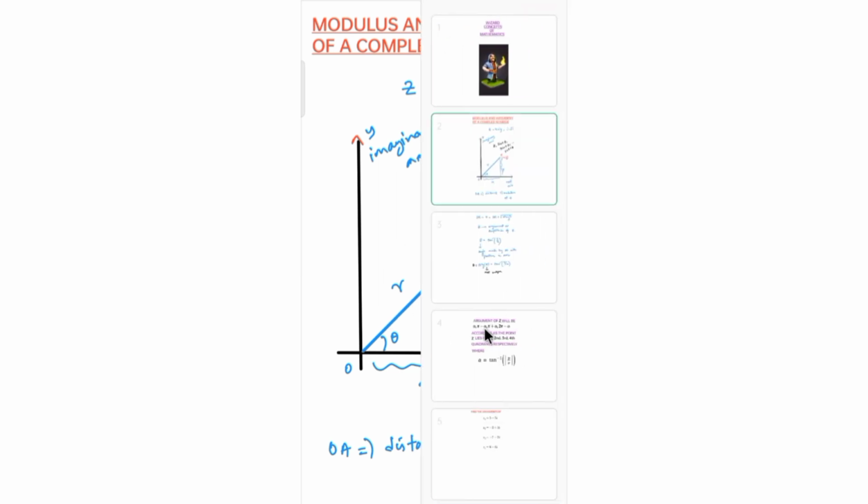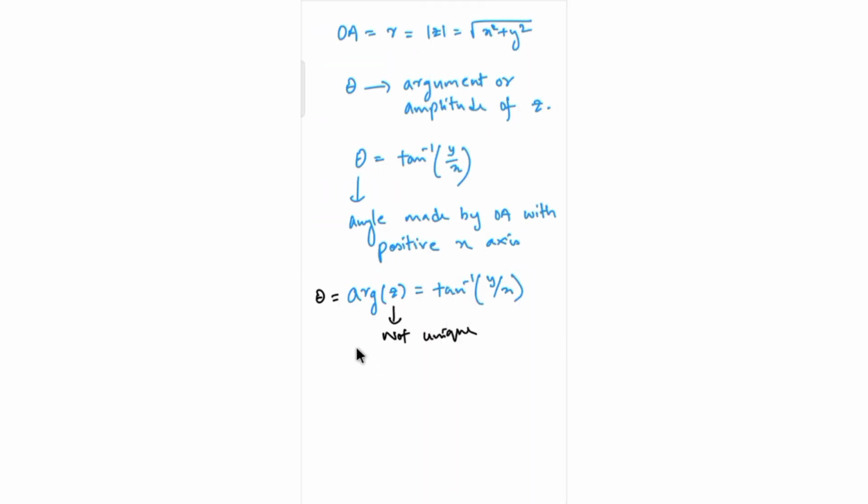That means if I consider the argument of z to be theta, it will be the same if it is theta or 360 plus theta, or minus 360 plus theta, or 720 plus theta, or minus 720 plus theta, and so on. So it can be 2n pi plus theta, where n belongs to integers.